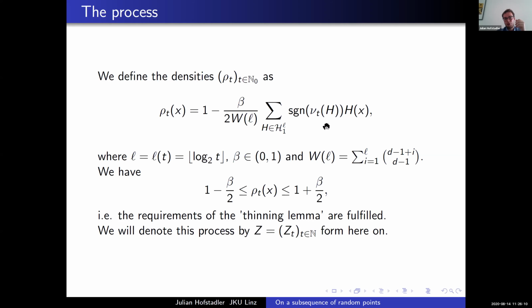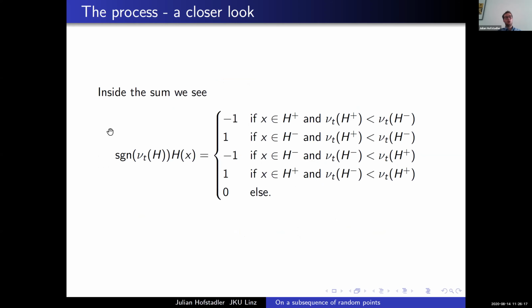So now we have a look at this term inside here, and remember we got a minus here. So what do we do inside the sum? If we have more points in h minus than in h plus at some time t, we increase, because there's another minus, the probability that a point comes into h plus, and we decrease the probability that the next point comes into h minus.